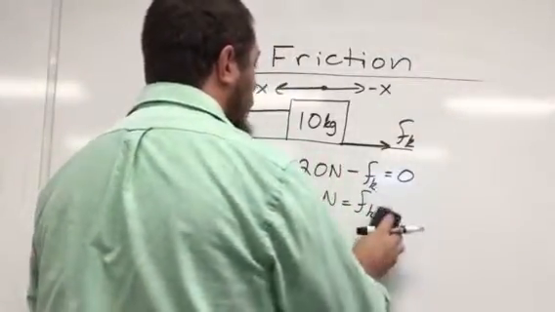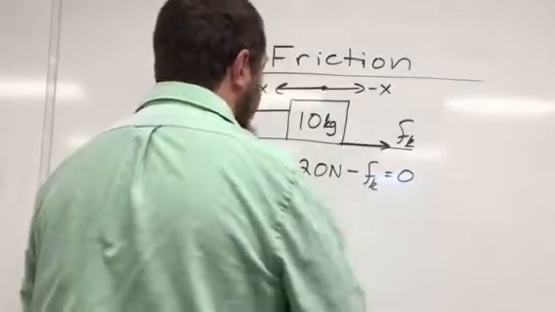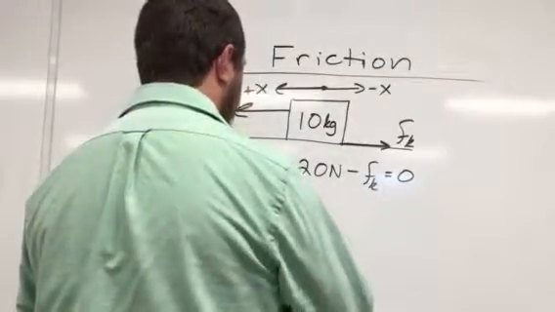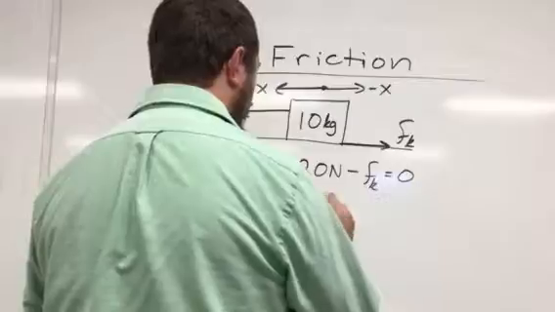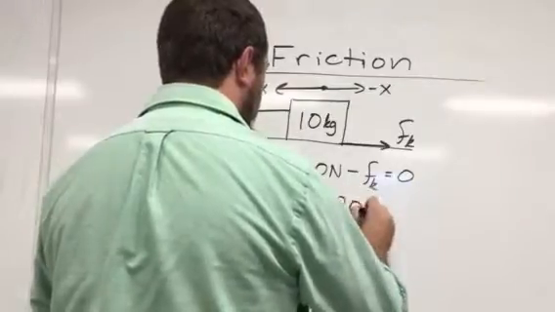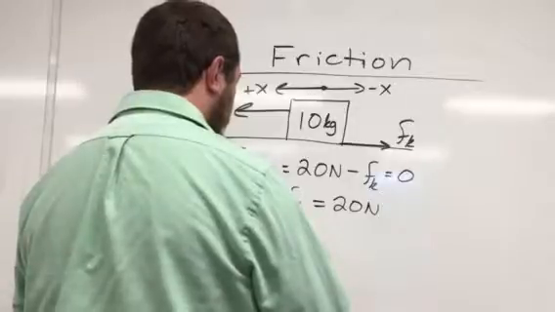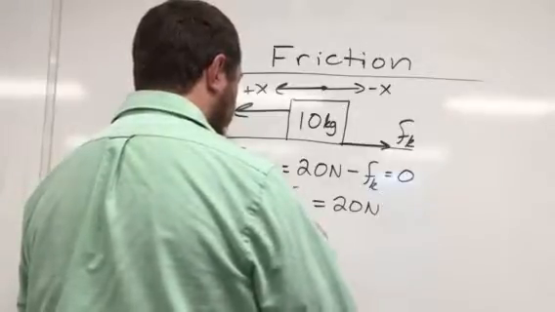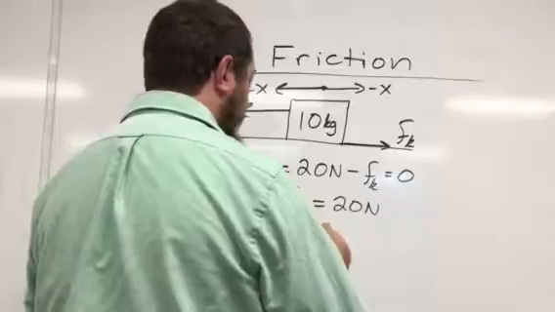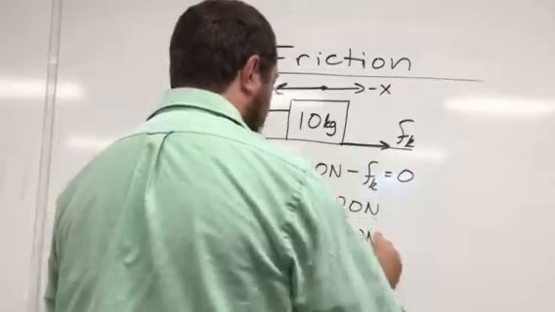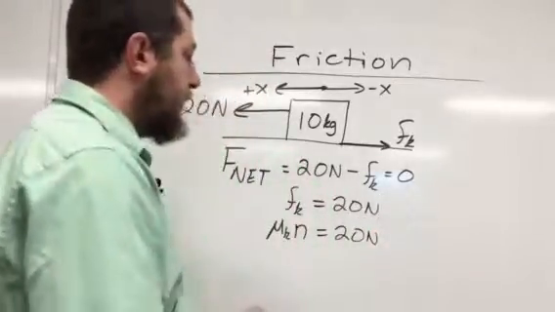And so, let me rearrange this. F sub k is equal to mu sub k times my normal force, and that equals 20 newtons.